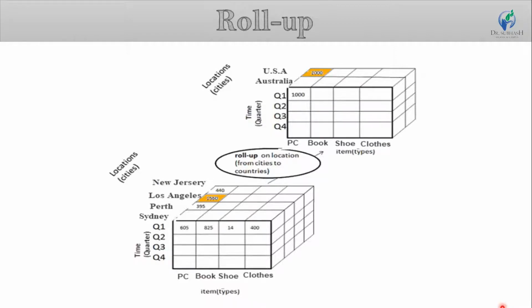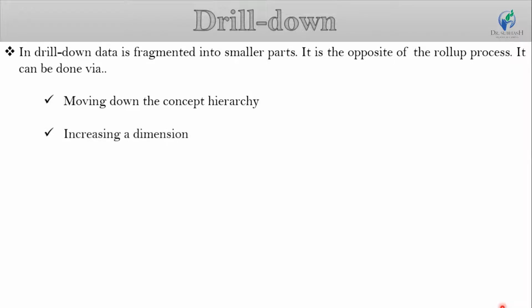Now, I explain the second operation, drill down. In drill down, data is fragmented into smaller parts. It is the opposite of the roll-up process. It can be done by moving down the concept hierarchy, and second, by increasing a dimension.